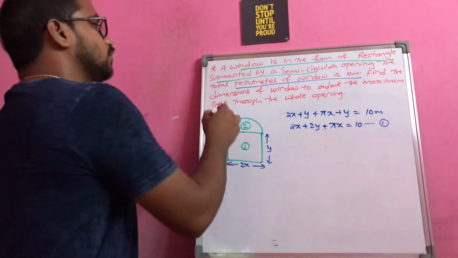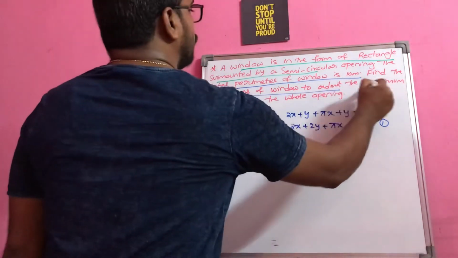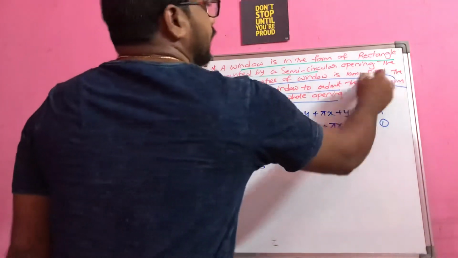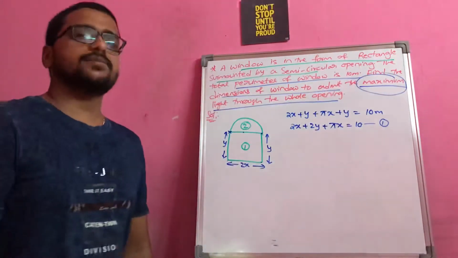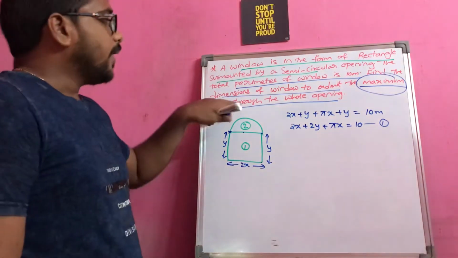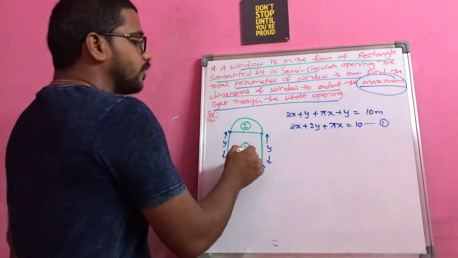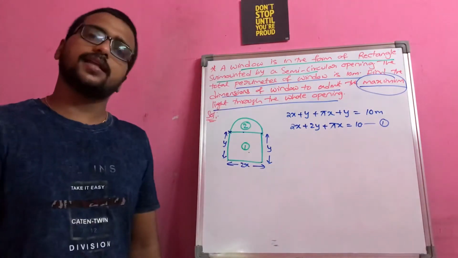Now see the question: find the dimensions of the window to admit maximum light through the whole opening. So it is very clearly stating that we have to look for maximization. Admit the maximum light through the whole opening means area of rectangle plus area of semicircle they are asking.